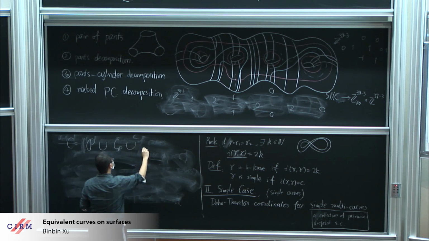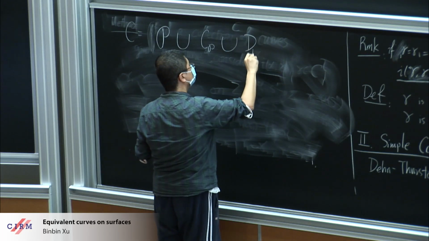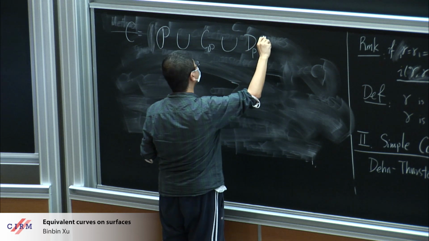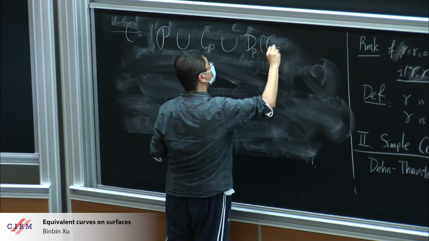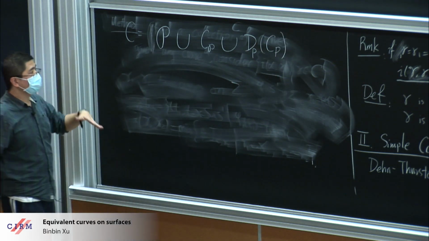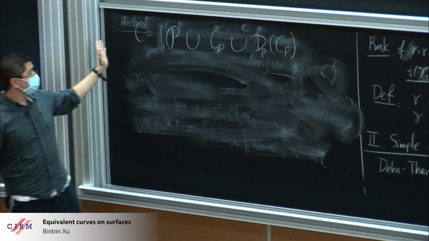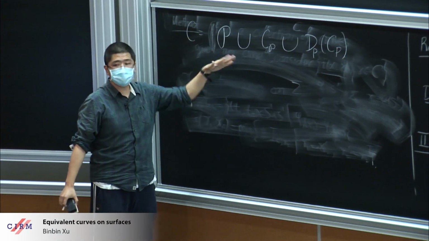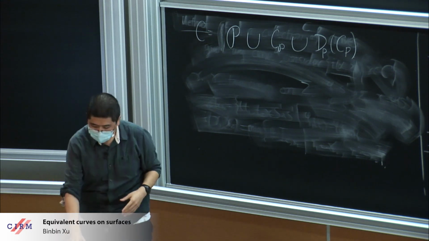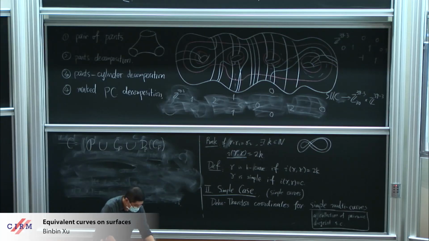And then we also have the twist along the path curve of this CP. So given any multi-curve, we consider their intersection with this collection of curves, and then we can actually tell each one of them. So for this case, it's easy, just going this way.